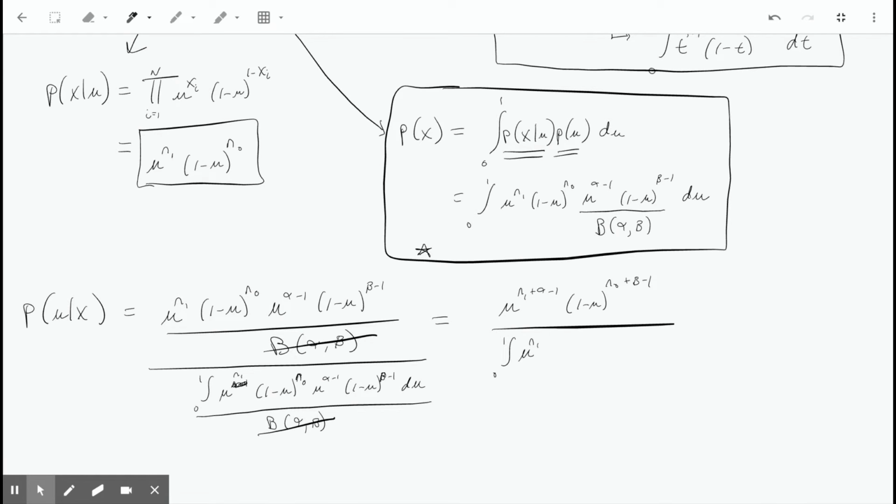Mu to the n1 plus alpha minus 1, 1 minus mu to the n0 plus beta minus 1 d mu. And let's simplify even further. Well, the numerator doesn't change.